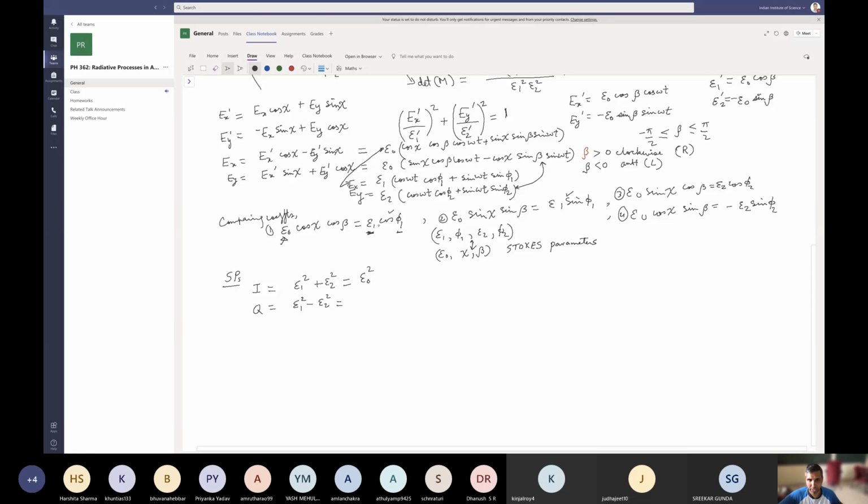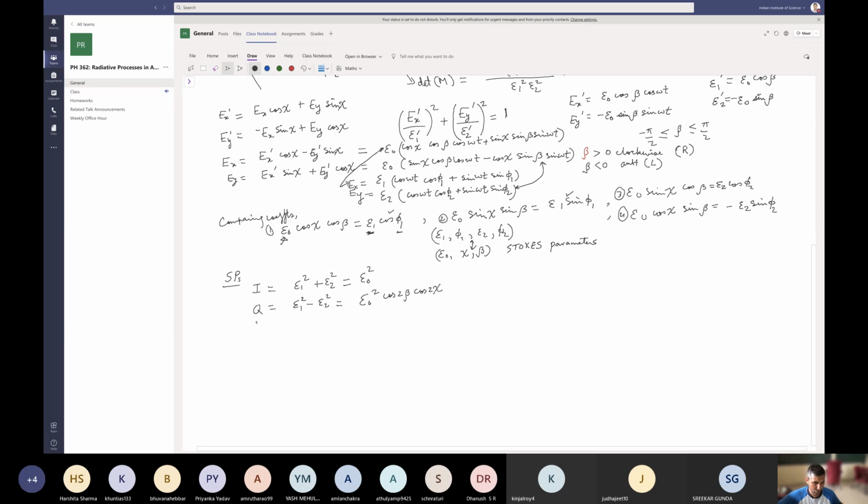Epsilon 1 squared is just the squared addition of this 1 and 2, and epsilon 2 squared is the squared addition of this and this, and you subtract the one from the other. What you will get is epsilon naught squared cos 2 beta cos 2 chi.